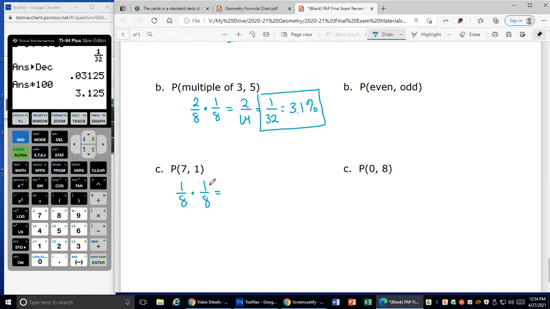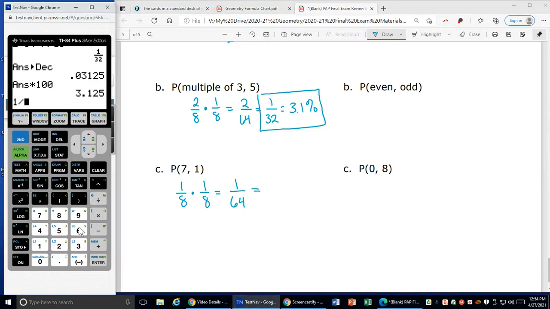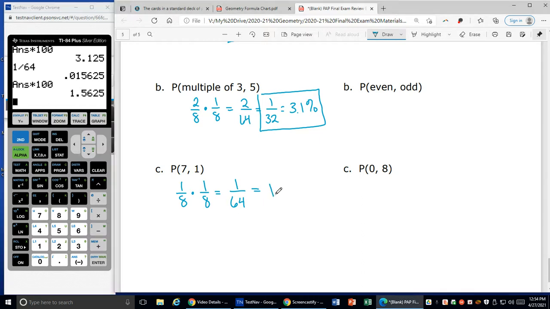So that is going to be 1 times 1, 8 times 8, 1 out of 64, that is not going to reduce. 1 divided by 64 times 100 is 1.6%. So not a very good chance of landing on those two specific numbers.